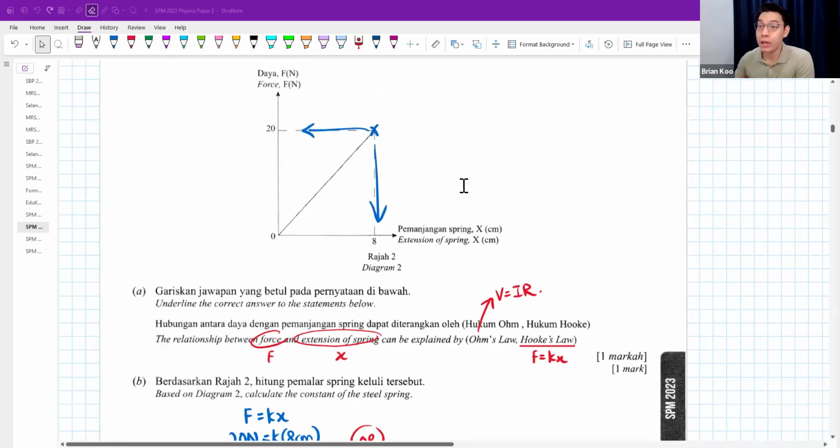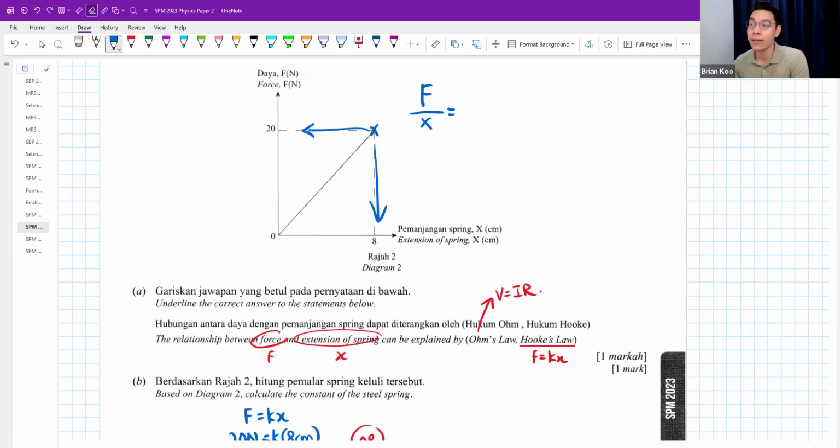Okay, looking at the graph, your y-axis is F, your x-axis is x. When you divide F over x, you're going to get the spring constant K. If you don't know how I got that, you just rearrange your F equals Kx. This formula is given, and then F divided by x is K, right?